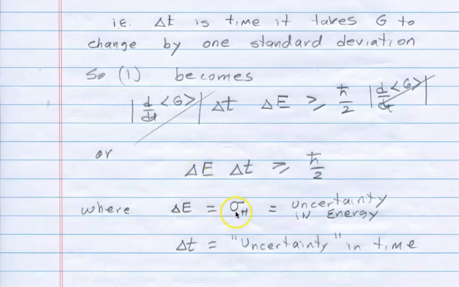Here, delta E is the standard deviation in H, which is the uncertainty in the energy. And delta t is the uncertainty in time, with this caveat: it's the time it takes G to change by 1 standard deviation.